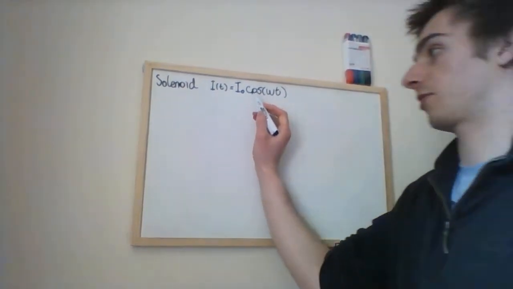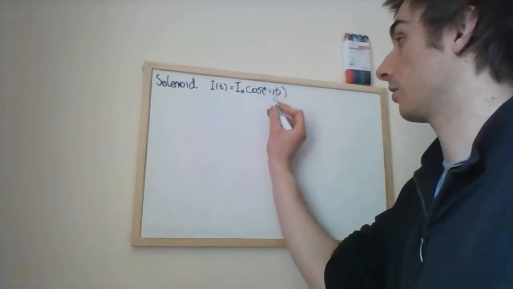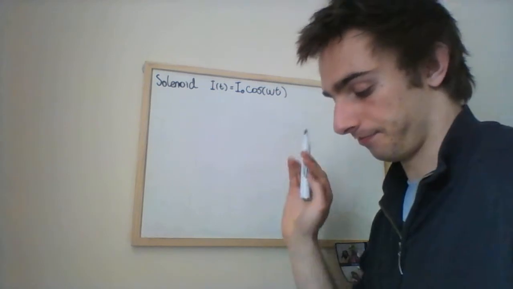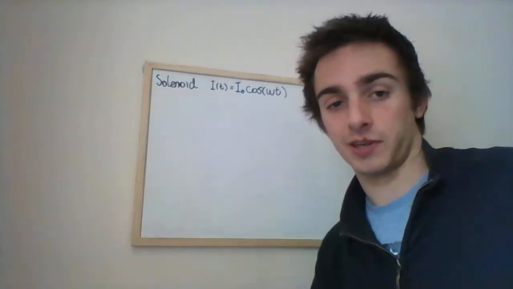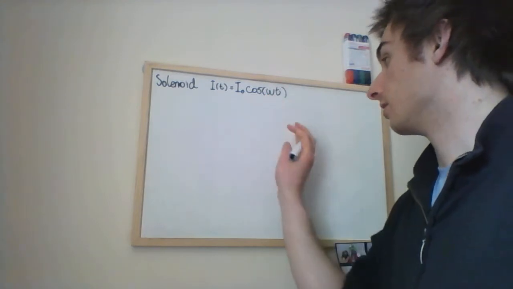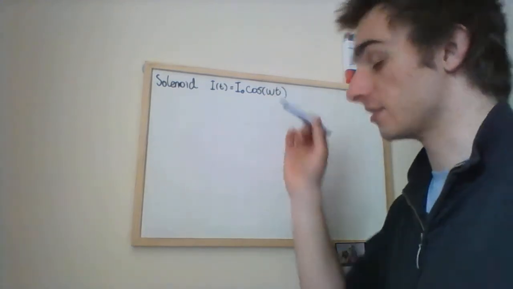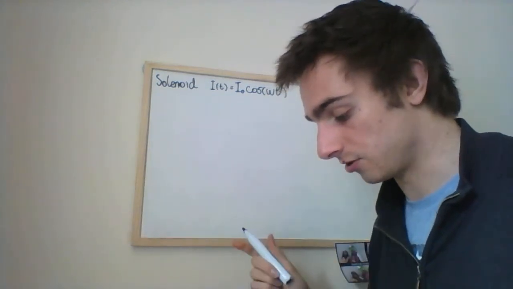So this is our expression for current. So I at any point is the maximum value of I multiplied by cos omega t, where omega is the radial frequency, the angular frequency, and t is again just time.